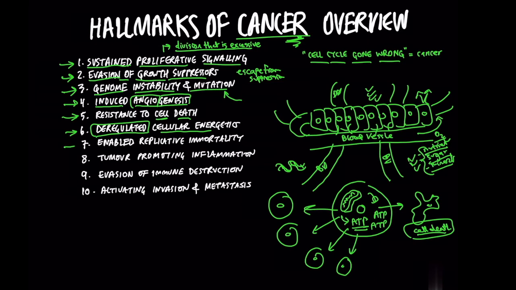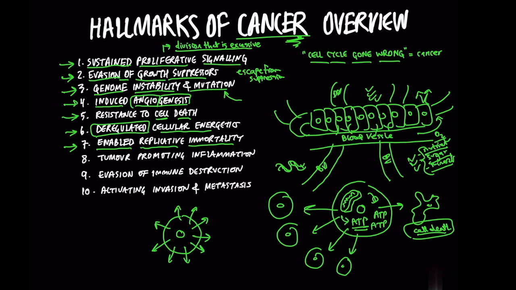Now hallmark number 7 is enabling replicative immortality. Now what does that mean? Replicative immortality is a cell being able to divide and divide and divide many more times than is considered normal.